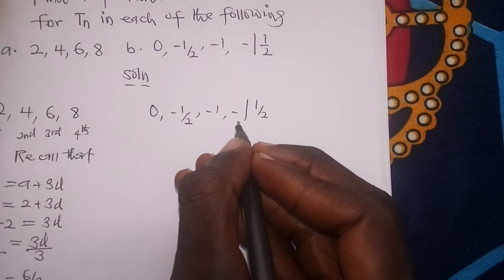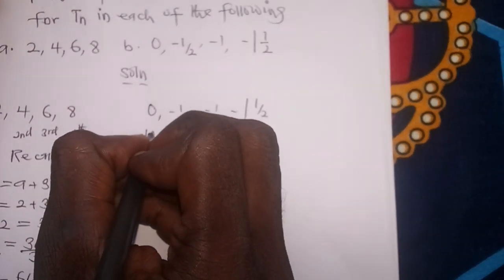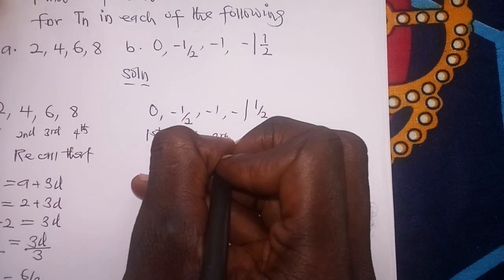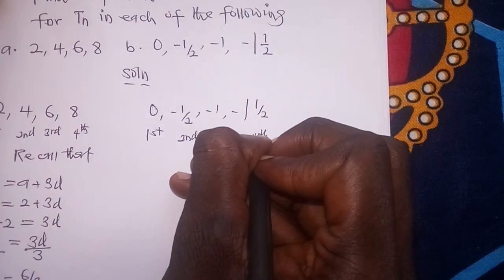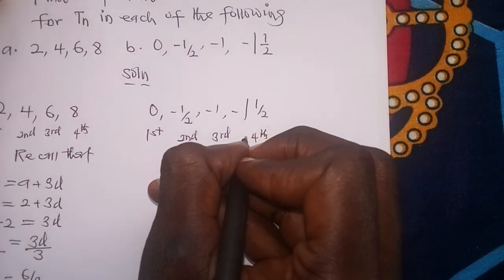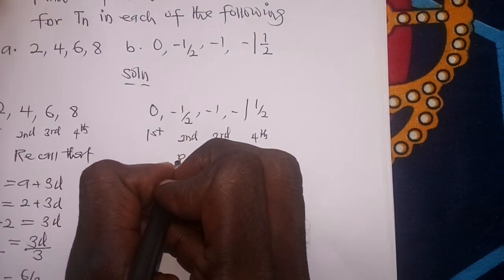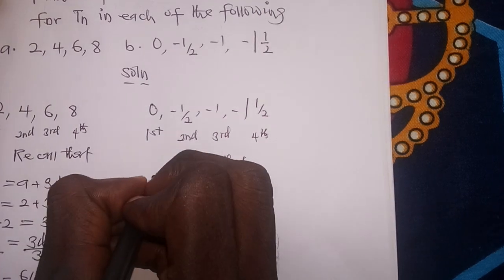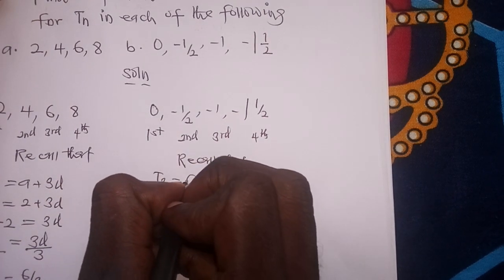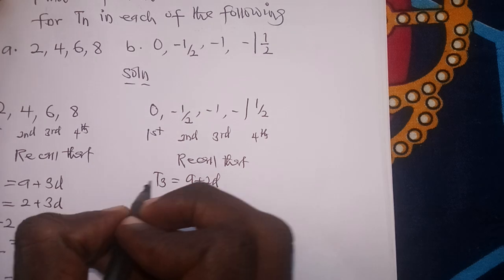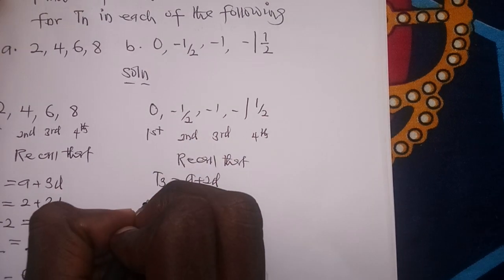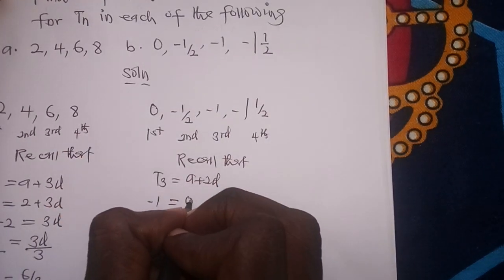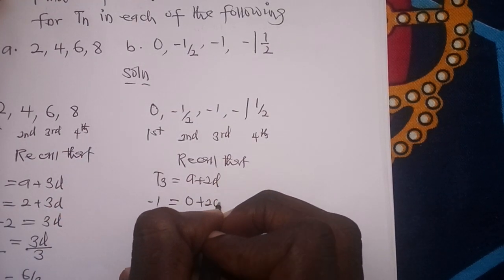We know this is the first term, this is the second term, the third term, and this is the fourth term. The same thing implies, let's use the third term. Recall that the third term of AP becomes a plus 2d, but we know the third term is given as minus 1, equal to the first term given as 0, plus 2d.